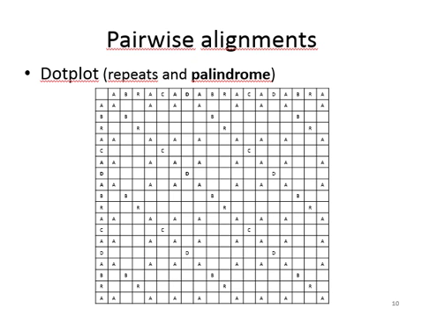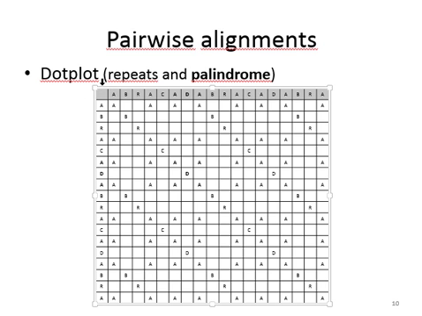So how can we do pairwise alignments? We can have a graphical view of the alignment. So we will place the sequence in the horizontal and simultaneously in vertical, starting from the 0, for example, the x-axis and the y-axis.